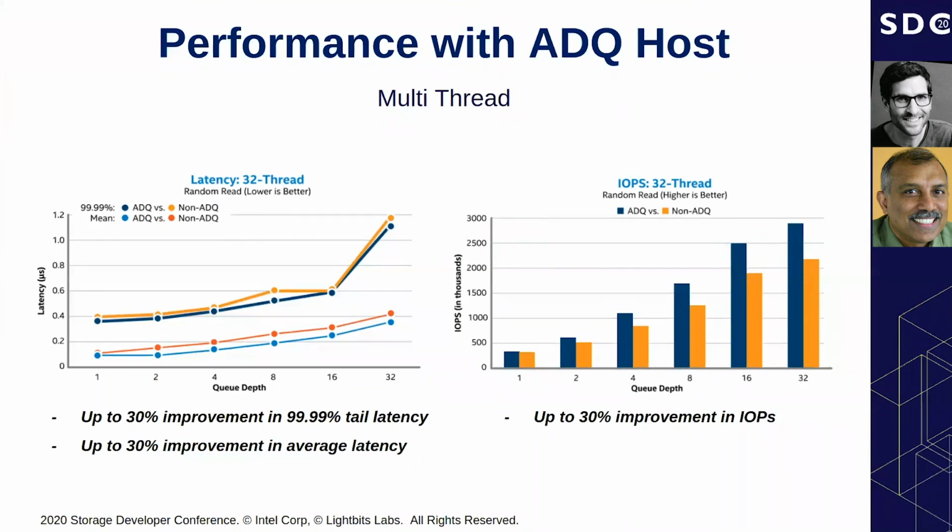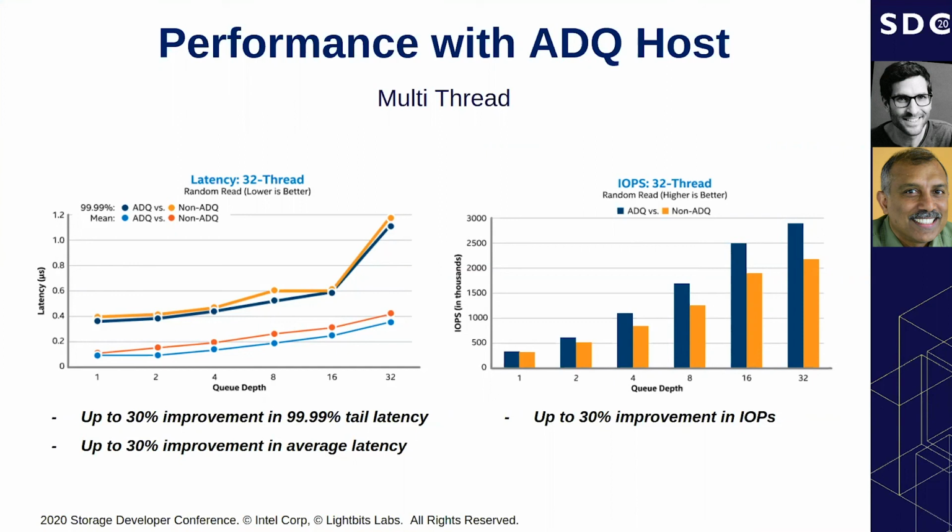Now, on the multi-thread case, instead of a single thread, we have 32 threads that are all issuing IO to the cluster. And we can see that by enabling ADQ, we can improve average latency and 4 nines latency by 30% compared to not using ADQ, and similar improvements in IOPS.